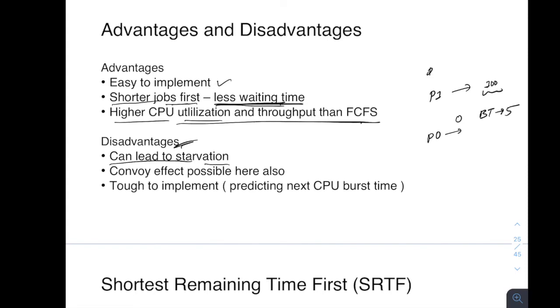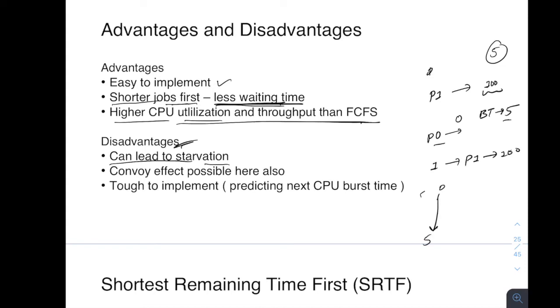Now it will be scheduled. At time 1, P1 arrives and it has a burst time of 100. So P0 will keep running till 5.